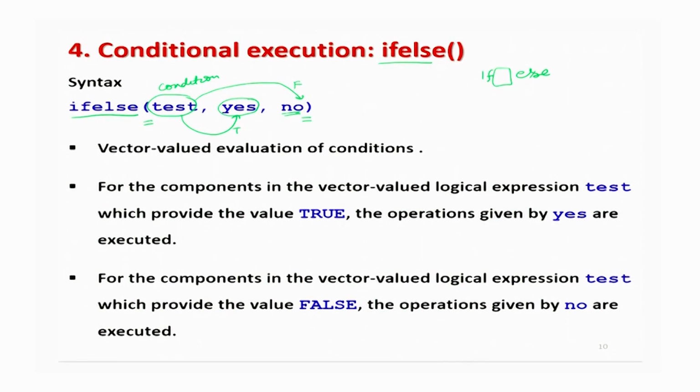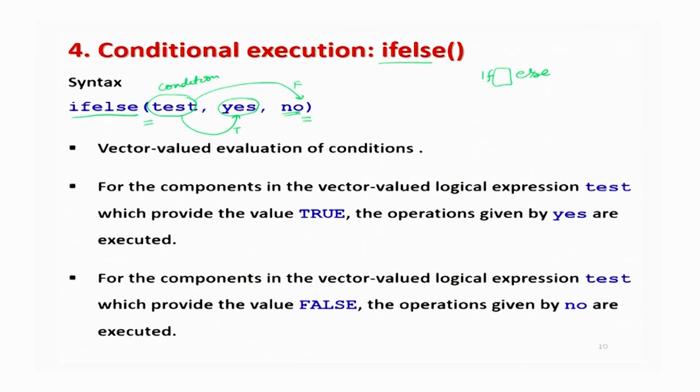So, that is a very simple statement, and it is just like the if else statement that you did earlier, but the only difference is that here you write if else together, and then within one parenthesis you first write the condition, and based on whether the condition is true or false, you specify the commands, which are separated by comma, right.